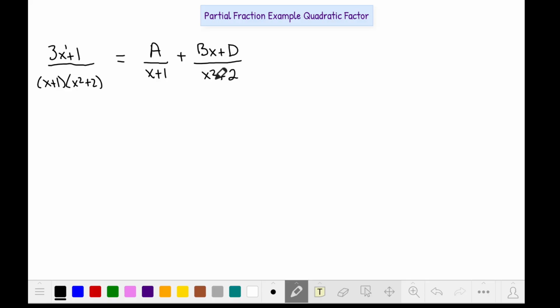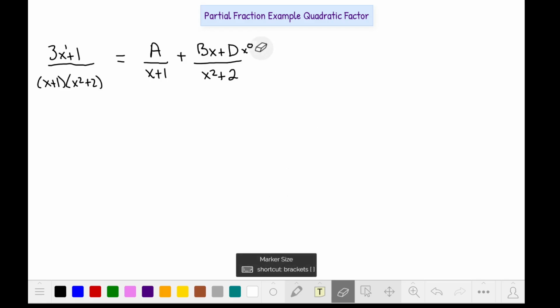A power 2 polynomial at the bottom means a power 1 polynomial up top. And because we have a power 1 polynomial up top, we have to include the general case where the power 1 also has a non-x term. Or in other words, it has an x to the 0 term. Because anything to the power of 0 is just 1.